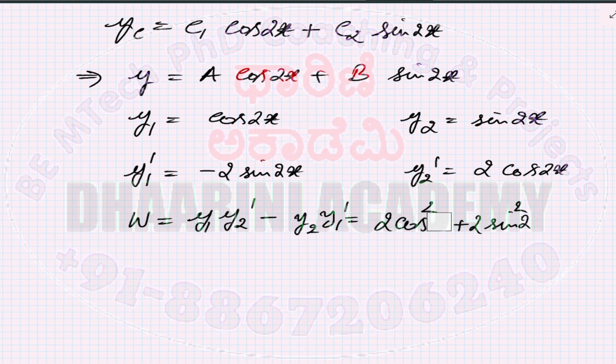I think I made a mistake, so let me correct this. So 2 cos square 2x plus 2 sin square 2x, so w becomes equal to 2. And phi of x, which is given on the right hand side of the equation, is tan 2x.